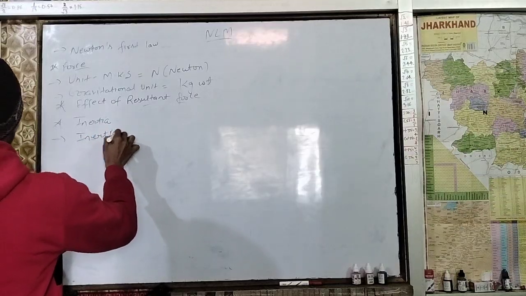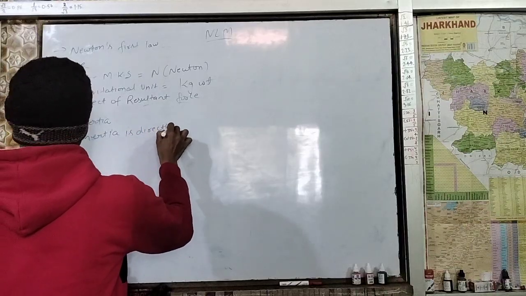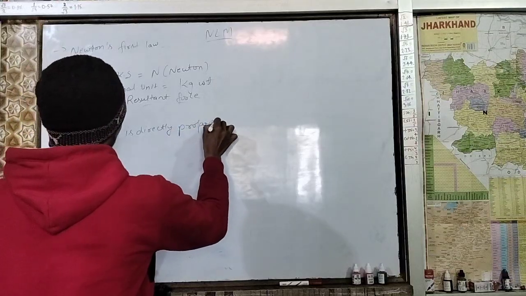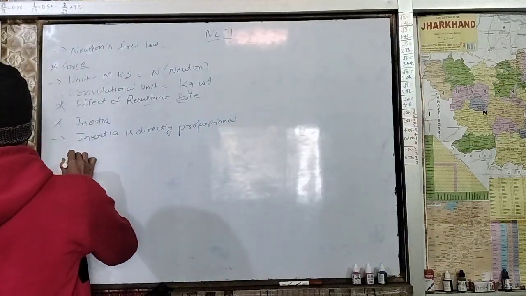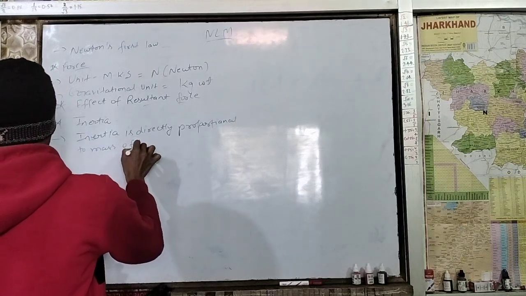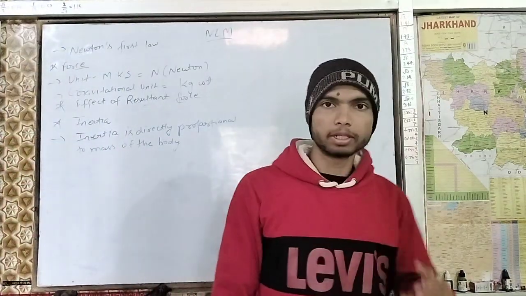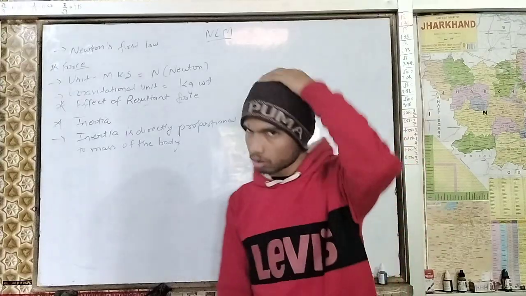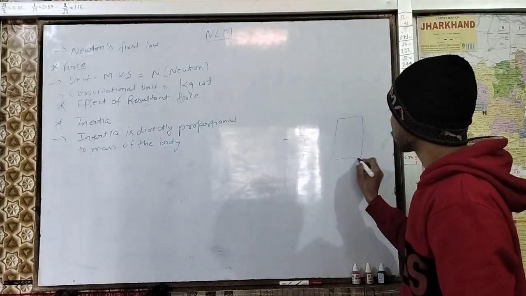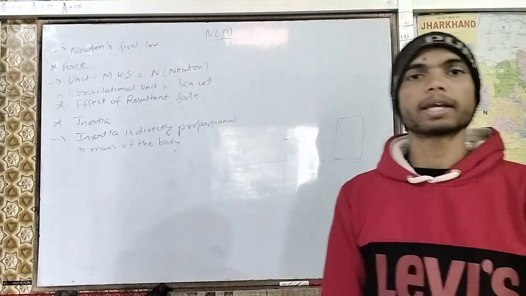Right now, just understand that inertia is directly proportional to the mass of the body. Let's say there are two boxes, A and B. Tell me which one will need less force.